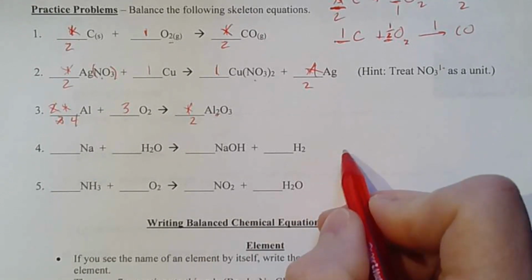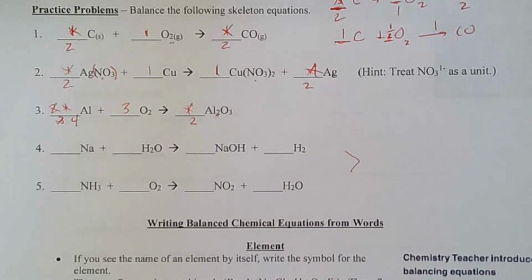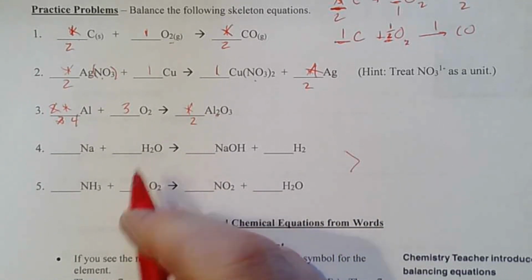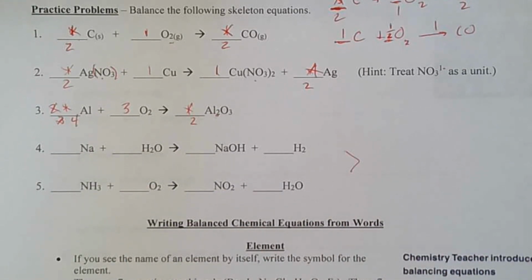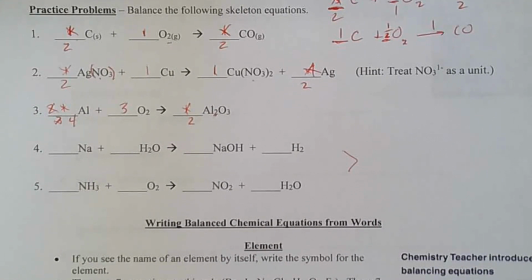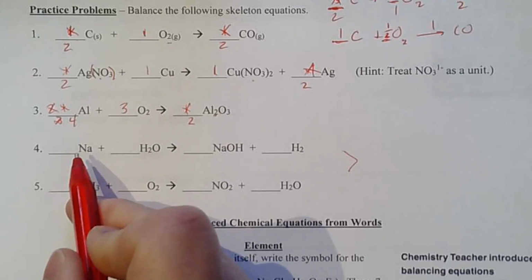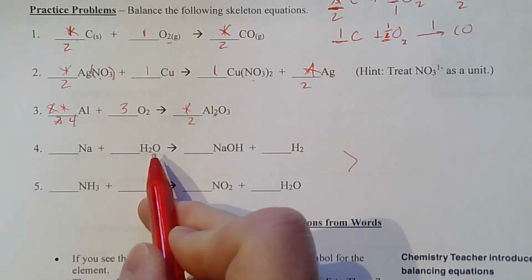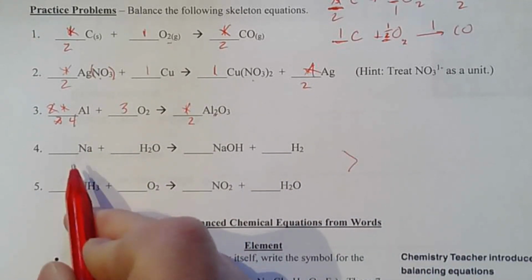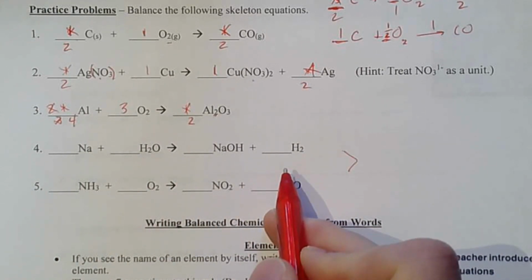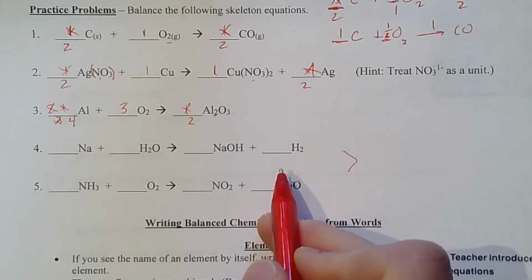Now, both of these are a little bit more difficult, but these illustrate one tip that will be good to understand: when you are looking at a reaction, you want to have in your mind what element you want to start with, or more importantly, what element you don't want to start with as far as balancing.